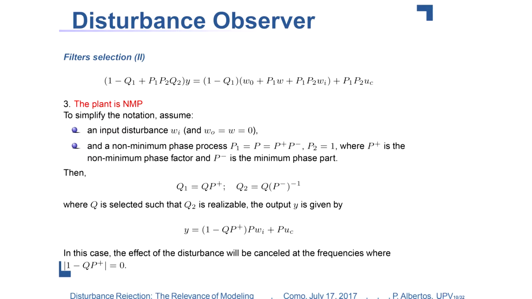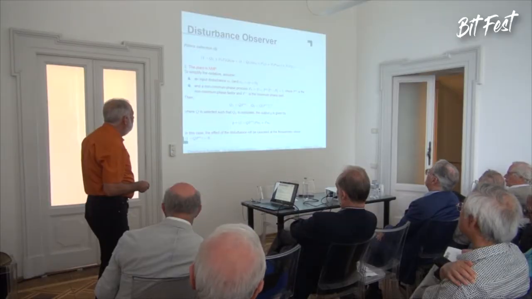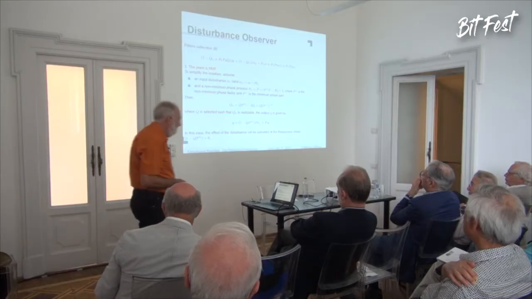Then if we use these two filters, the solution is like this one. So in that case, we can choose the filter in such a way that this term is 0 or near to 0 for the range of frequencies of the disturbances.